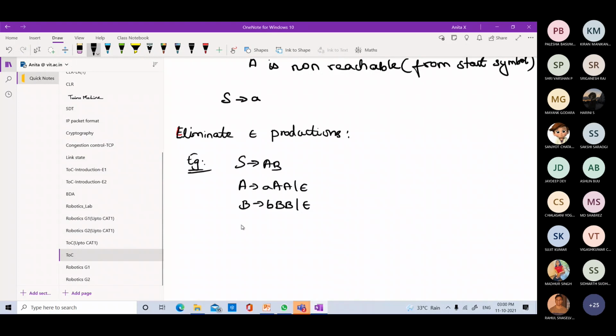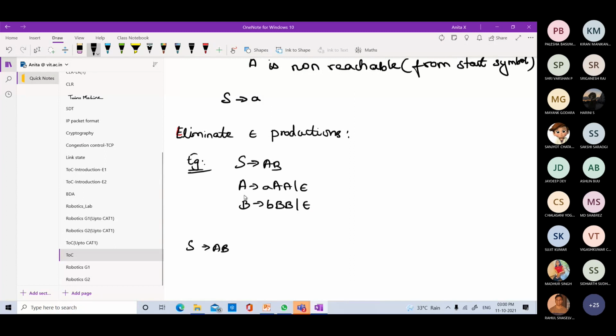Whenever I'm going to proceed with the simplification, the meaning of the grammar should be the same. Okay. So here, let us start with eliminating the epsilon production in S. Okay, S derives AB. So now I'm going to eliminate the epsilon production. Here, please make a note. Whenever we are proceeding with eliminating or simplification, we have to retain the meaning.